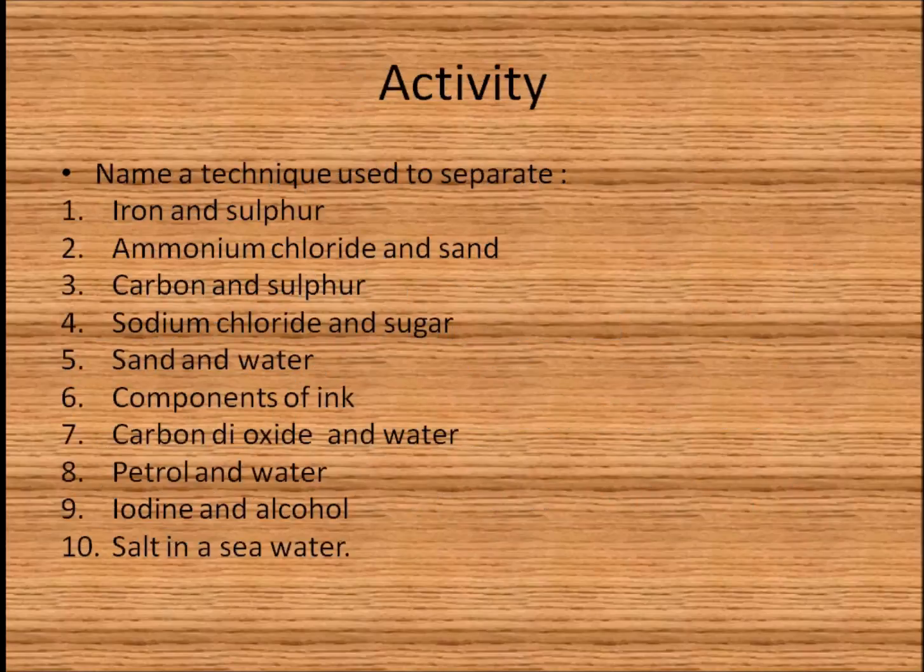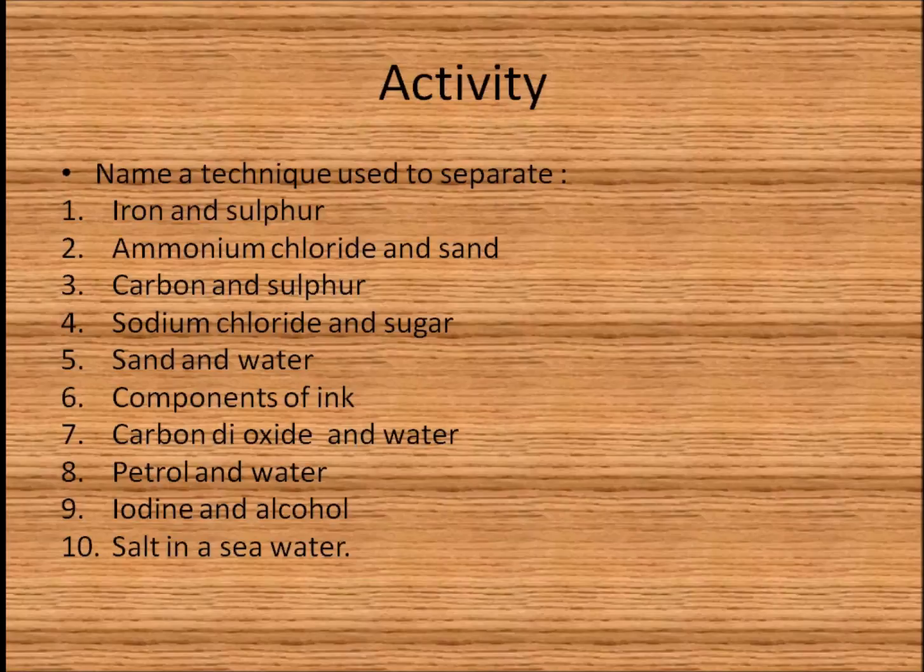So friends, here I end this session, the wonderful sessions of introduction to mixtures and their separations. And now I have given a very important and very easy activity relating to all these sessions. Let's take a look.